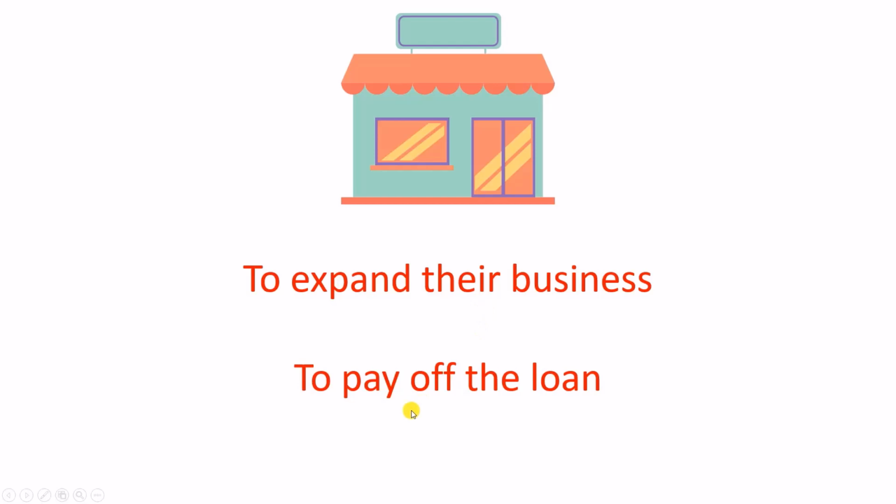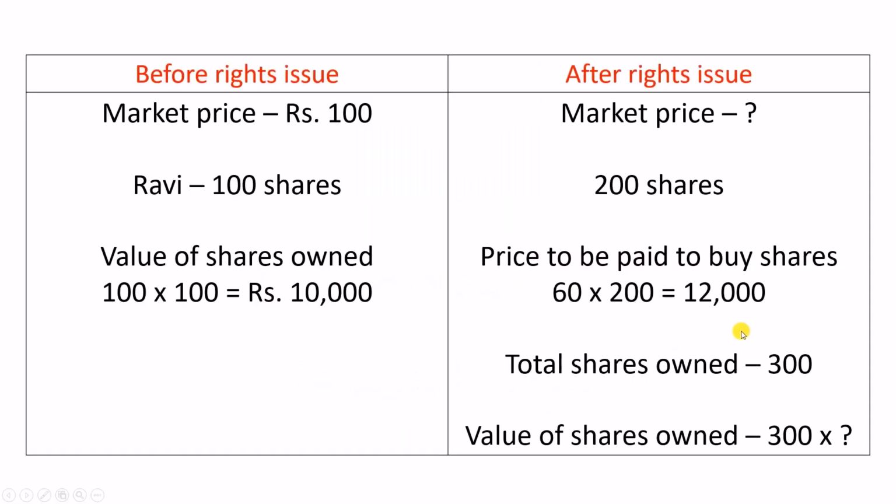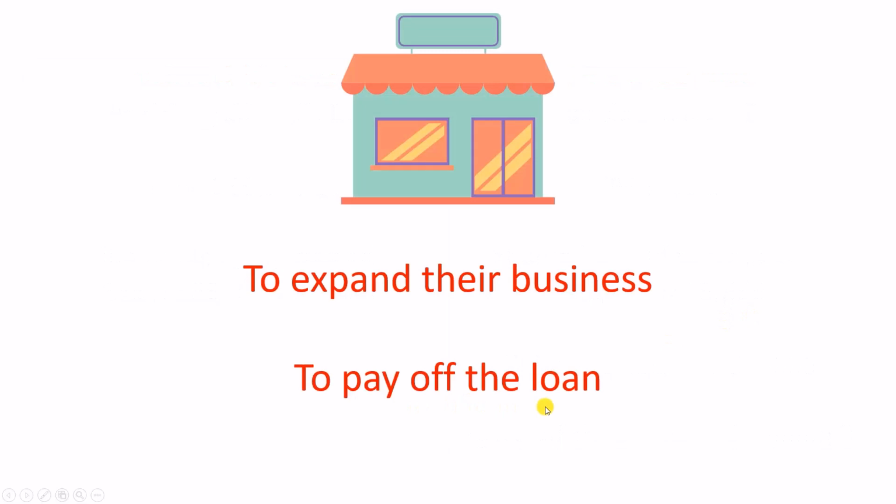But if it is offering rights issue to pay off the loan, then the money that the company gets by selling extra shares goes to pay off the loan. Correct? That means the company is not expanding.